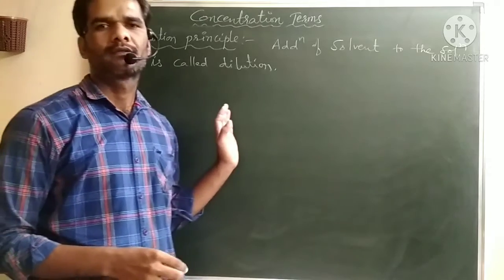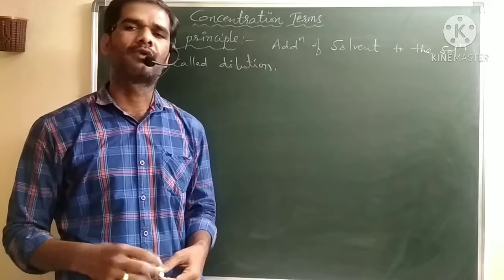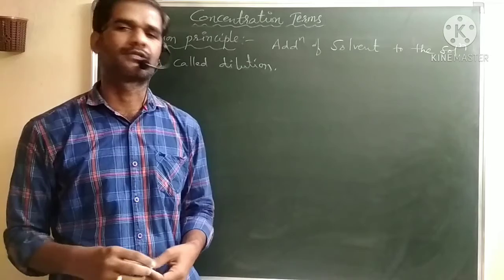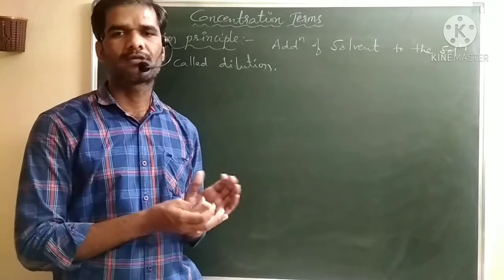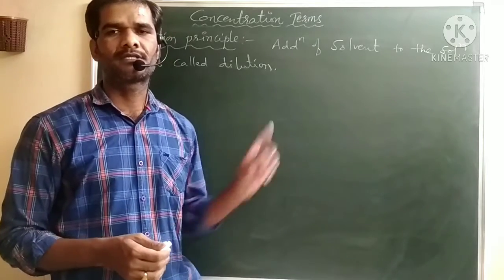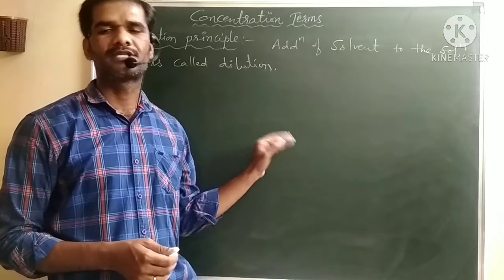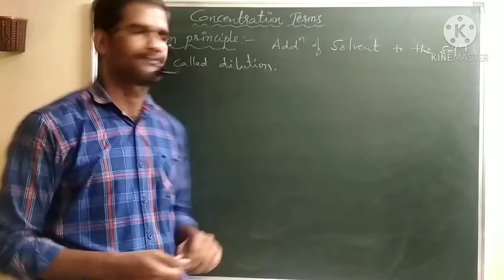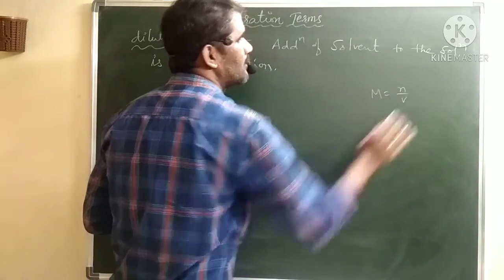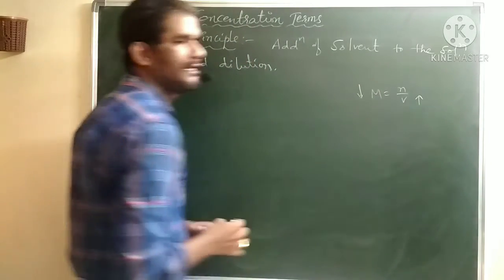Then if we do the dilution, what changes take place in molarity? That is, what happens to the resultant solution concentration? We have some initial concentration, we add some water, and then the final concentration changes. Why? Because molarity is equal to number of moles by volume. If volume changes, molarity automatically changes. So molarity is equal to n by V. If volume increases, molarity decreases.